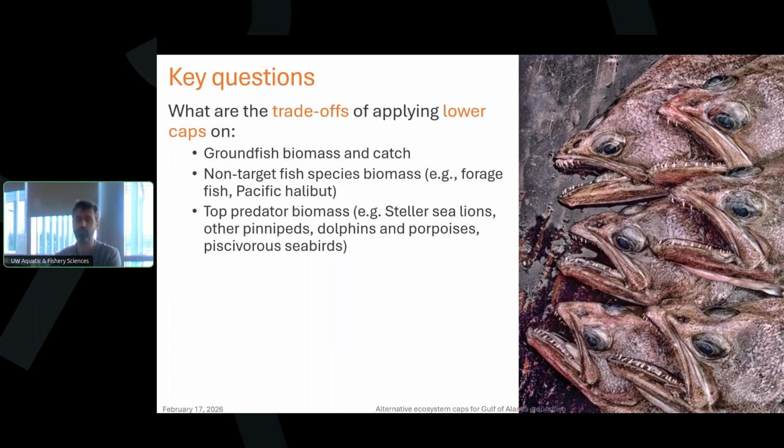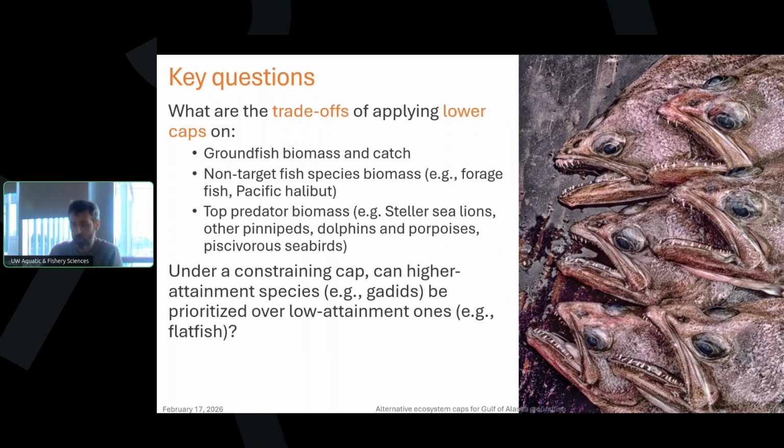What are the effects of different caps on top predator biomass? So here today I'll talk about mostly Steller sea lions and pinnipeds, some dolphins and porpoise species, and some seabirds. So what are the broader ecosystem level implications of a different cap, or what would they be?